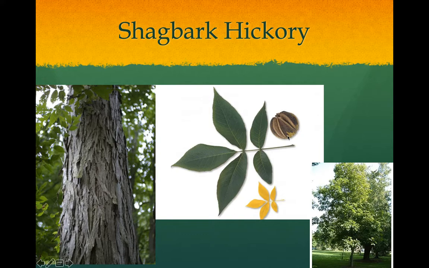But the shagbark part is pretty obvious because you've got this shaggy looking crazy bark on this tree. That's going to be the easiest way to identify that particular one, by its bark.